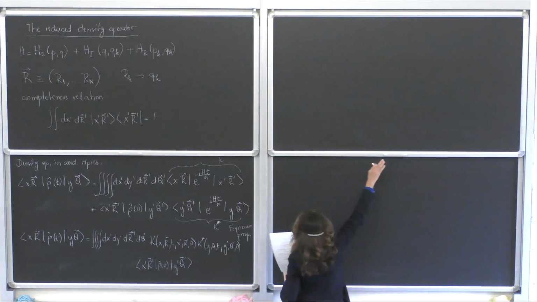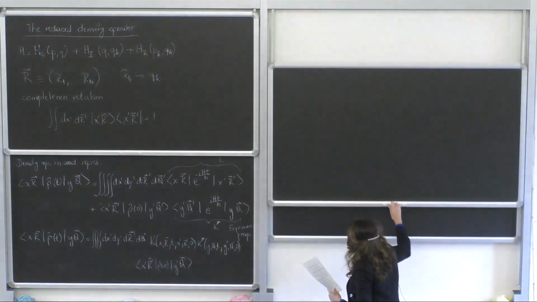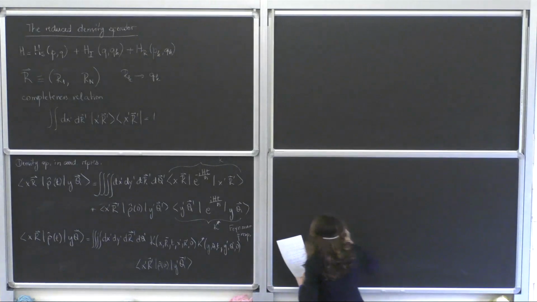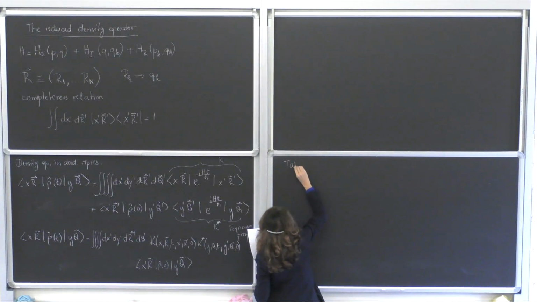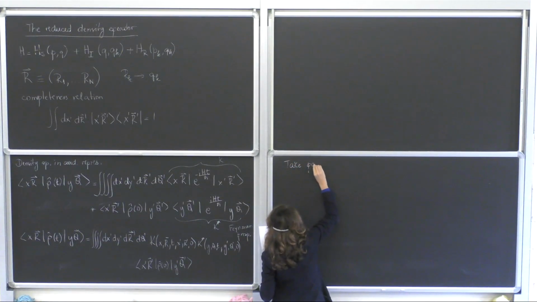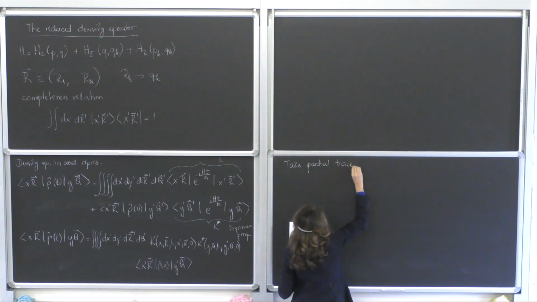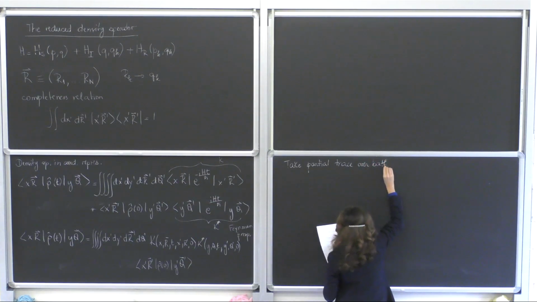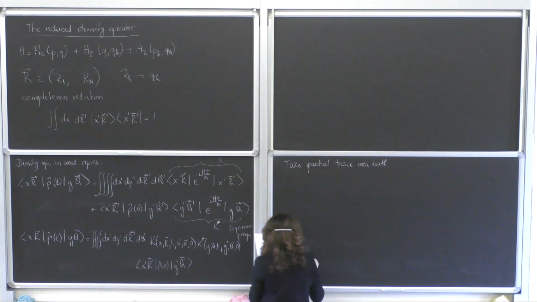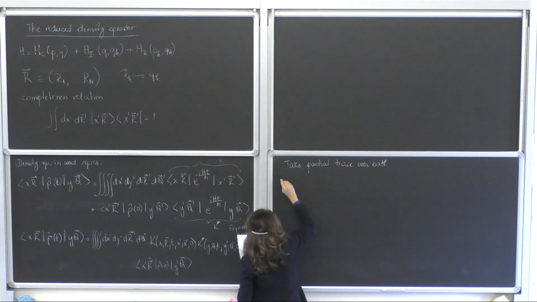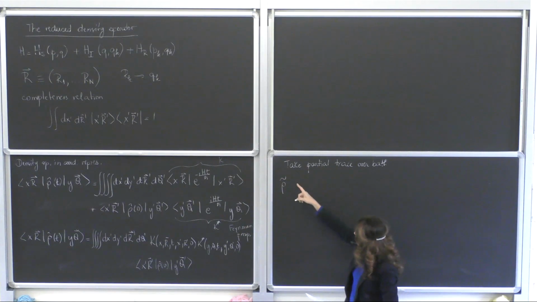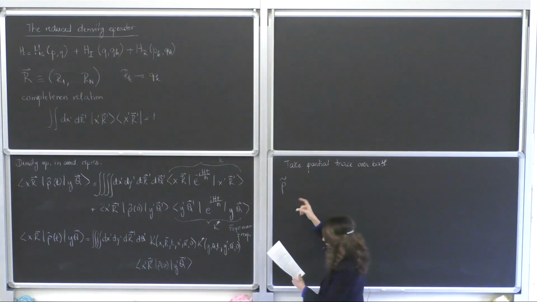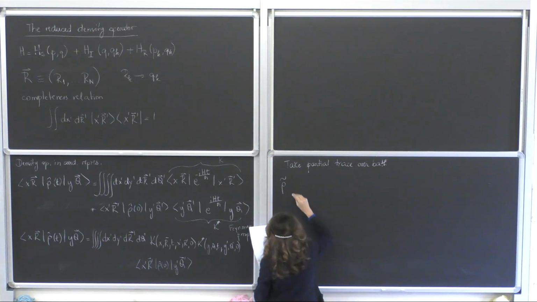So if I want to take the partial trace over the bath, I am going to now get my rho twiddle. The twiddle means that I have taken the trace over R, right?